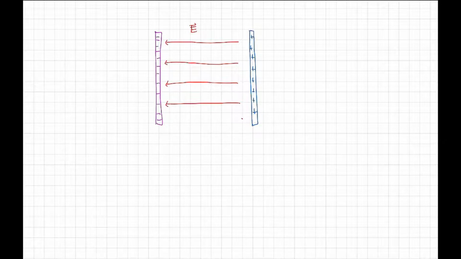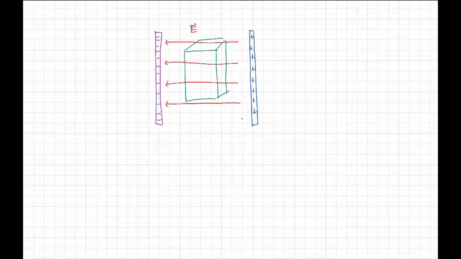Okay, so this is a little bit hard to draw on a piece of paper. So imagine I'm putting a box in here where the sides of the box are either parallel to this electric field or they are perpendicular. Okay, so we'll throw a box in there. It doesn't have to be a perfect square.